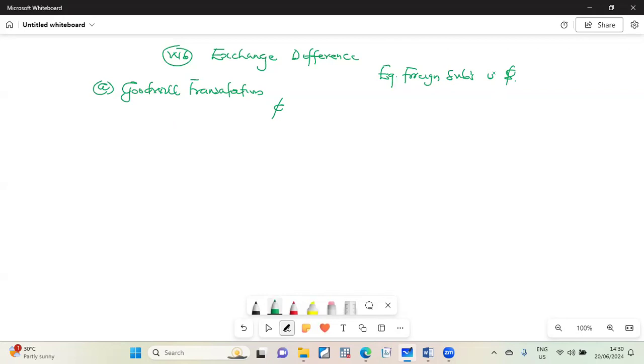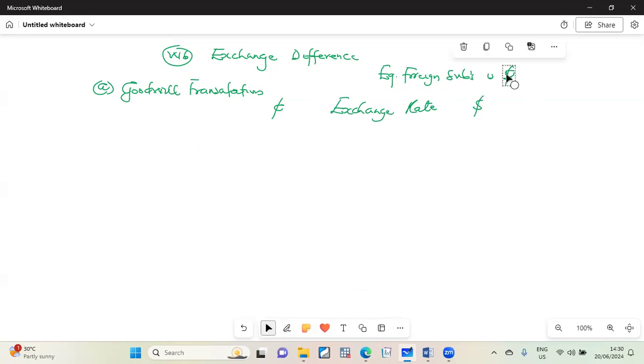Whichever way it is, you have to put in the currency of the sub, then you do the exchange rate. So let's say this one is in CDs and we are converting rather into dollar.